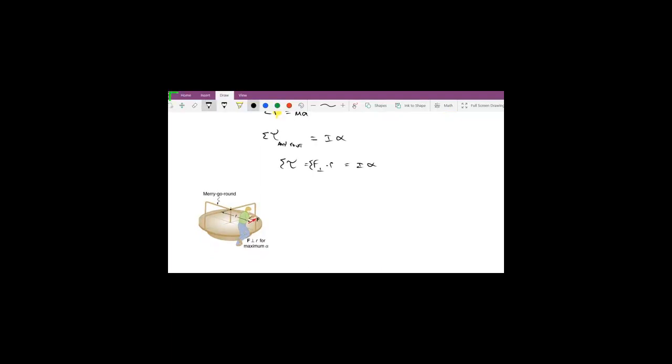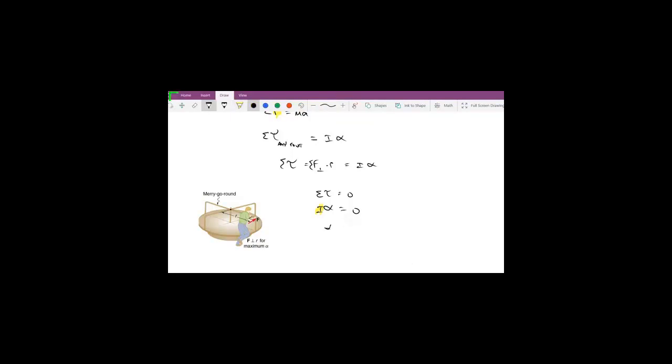We talked about a second condition for equilibrium previously, when the net torque, or the sum of the torques, was equal to 0. It follows then that the rotational inertia times the angular acceleration would be equal to 0. And since the rotational inertia is not 0 unless all the mass is located at one point, we must have alpha equal to 0.